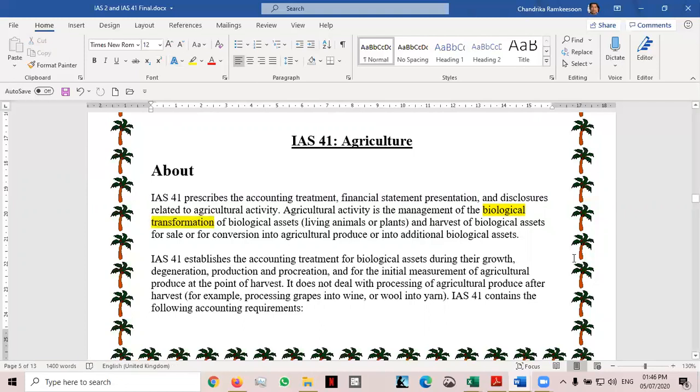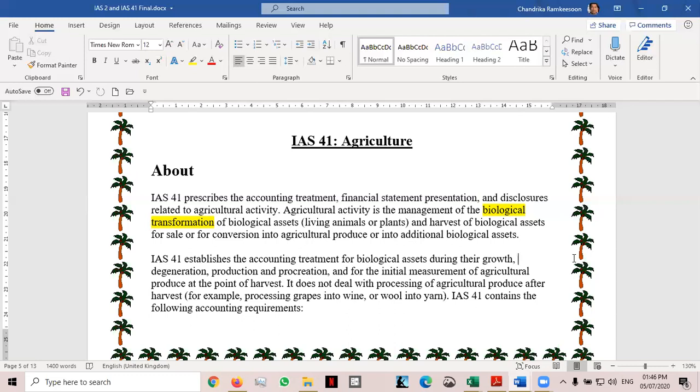The management of the biological transformation of biological assets, which can be living plants or animals, and harvest of biological assets for sale or for conversion into agricultural produce or into additional biological assets.